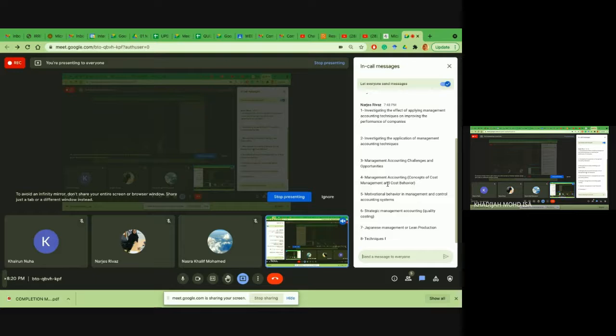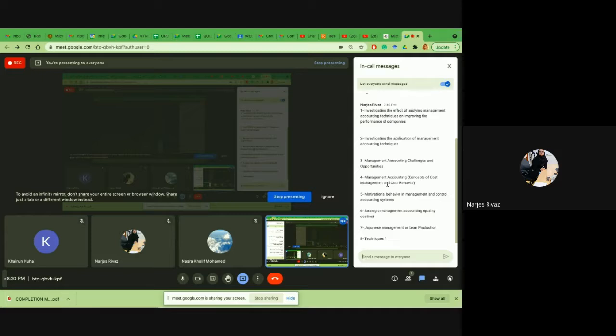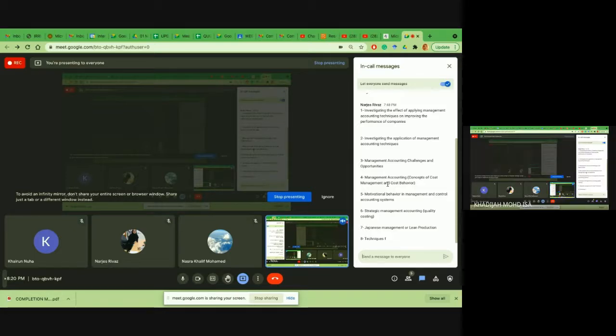Management accounting challenges and opportunities is good. But looking at the topic itself, what kind of data should you get? How can you get this information about the challenges and opportunities in management accounting? Rivas, can you get challenges and opportunities from an annual report?